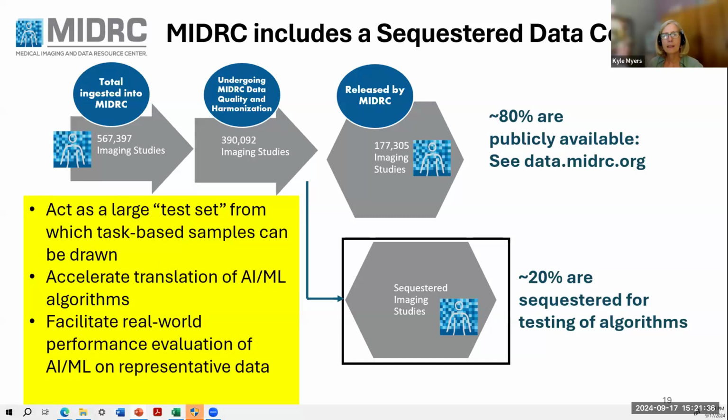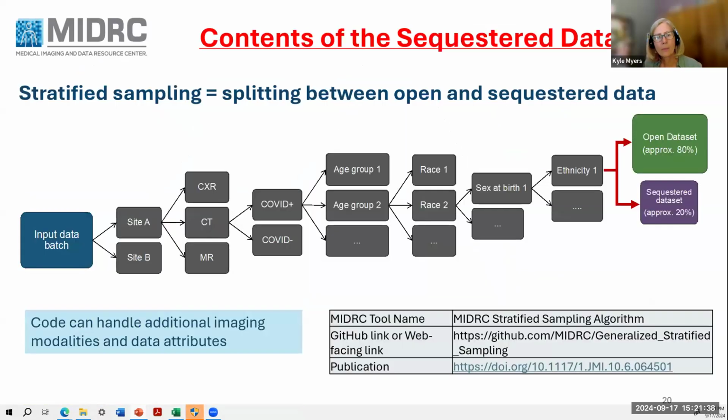So how do we know that the data is representative? Well, I'm going to give you two rationales for that. One is the particular approach that we're taking to sequestering the data, and that is through what you see here, an approach that we refer to as stratified sampling.